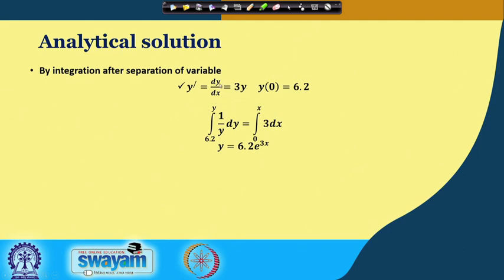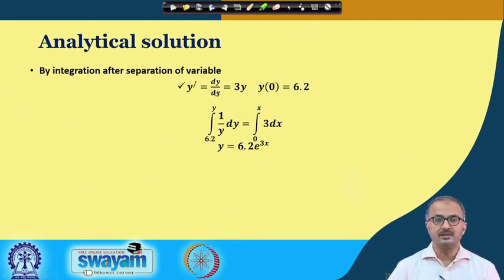Here we have a simple case, and many a times we find this kind of situation when we try to find the variation of, say, liquid level change in a tank being filled with some liquid, or the liquid is coming out of the tank, or in case of radioactive decay of some radioactive materials. So we encounter this kind of equations.